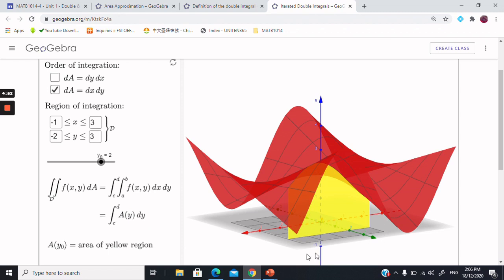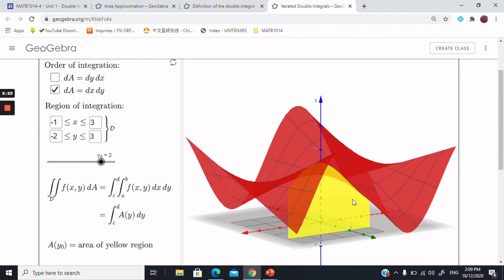We find the area of the cross section A(y), which is the integration of f(x,y) with respect to x from x equals a to x equals b first. Then we find the volume of the solid by integrating the area A(y) with respect to y from y equals c to y equals d. We use the similar concept for dy dx.